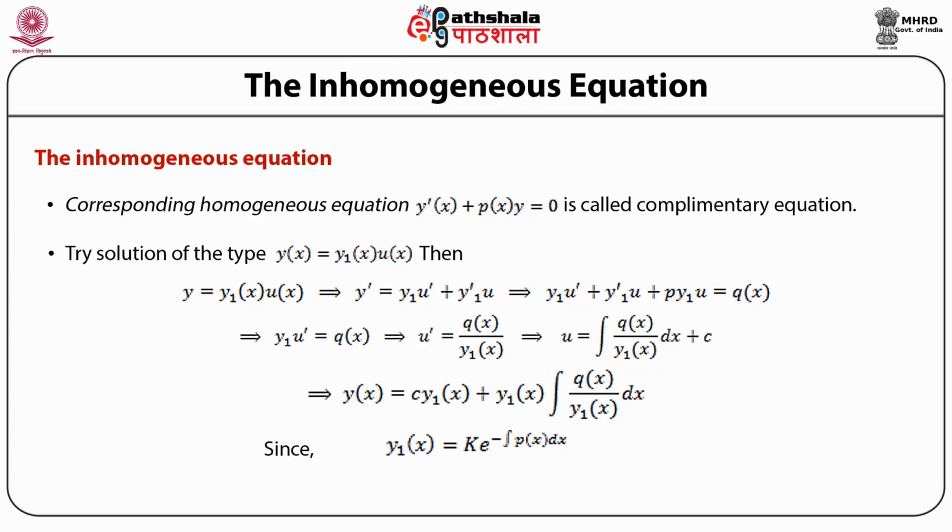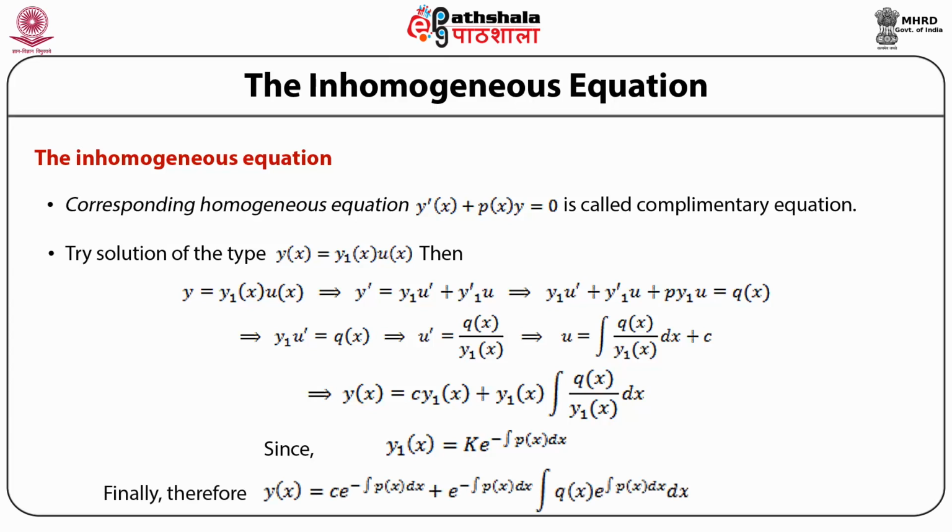y(x) = c times y1(x) + y1(x) times the integral of q(x) divided by y1(x) dx. Now, the solution to the homogeneous equation is y1(x) = k e^(-∫p(x)dx).